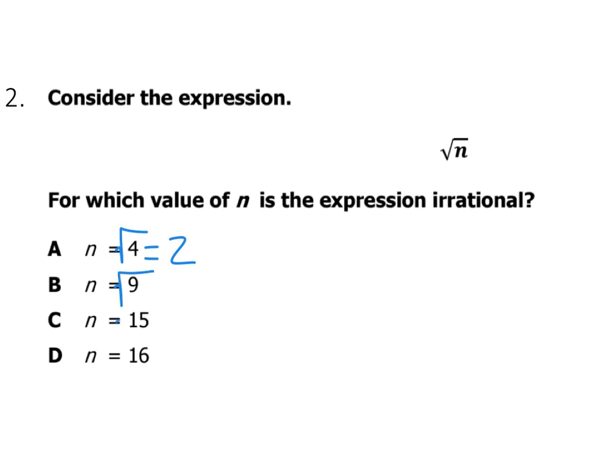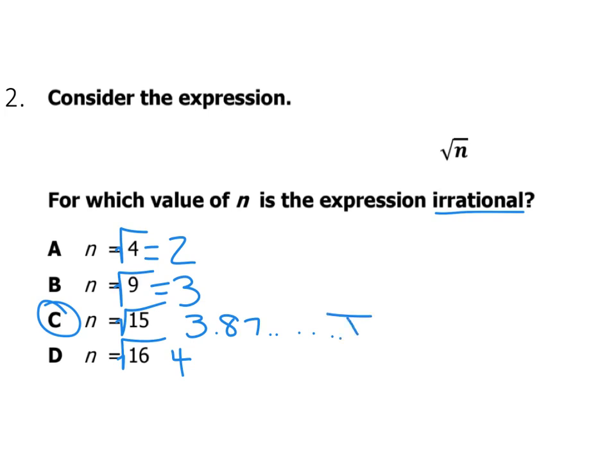And then go down the line and see which one is irrational, which means it's not going to be a perfect square. So the square root of 9 equals 3. The square root of 15 gives you a long, messy decimal. And the square root of 16 is 4. So C is your correct answer.